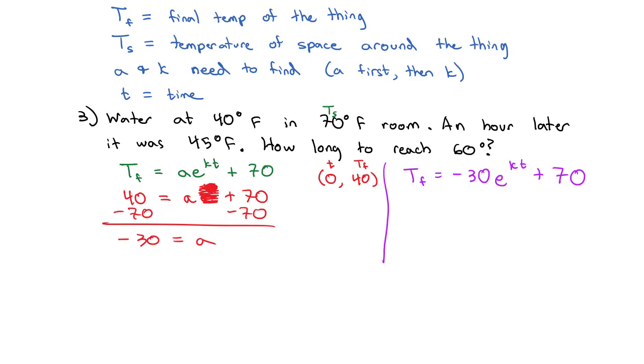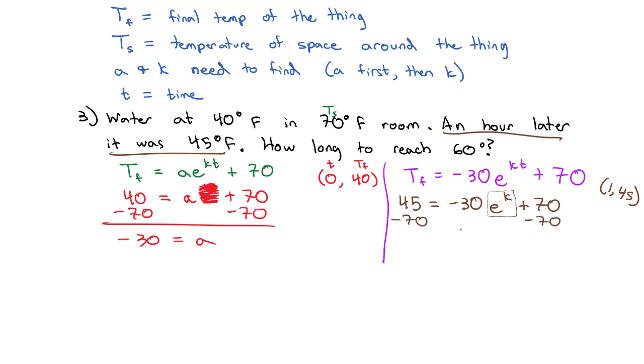To figure out what the k is then, we're told an hour later the temperature was 45 degrees. So at 1 hour, the final temperature is 45 degrees. So if I put 45 in there, 45 equals negative 30 e to the k times 1, because it's 1 hour, plus 70. This is an equation we can solve by trying to get the exponent part alone. First, we'll subtract 70 from both sides.